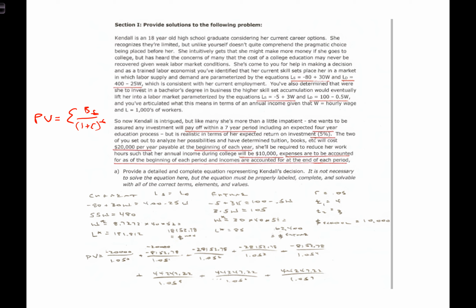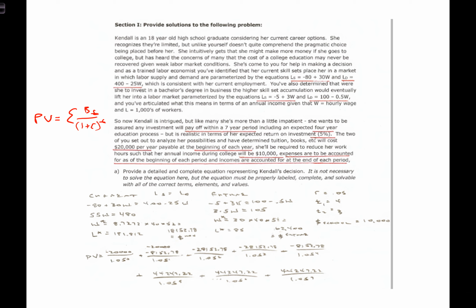We know that any value with an exponent of 0 is going to equal 1. And so we're putting here the negative $20,000, which is her expense for her education in that first year. In period number 1, after the first year, we now have the beginning of the next year's tuition expenses to pay. That's another $20,000.